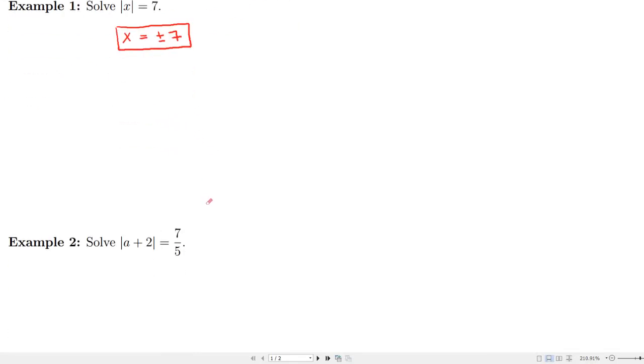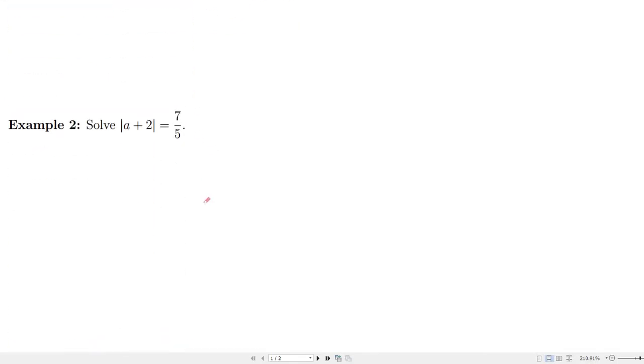Okay, so let's look at a more complex situation. Suppose that we had the absolute value of a plus 2 is equal to 7 over 5. So how would we solve this? Well, if we want to drop that absolute value and just have a plus 2, then we're introducing two possibilities. You are either going to be plus 7 over 5 or minus 7 over 5. So plus or minus.